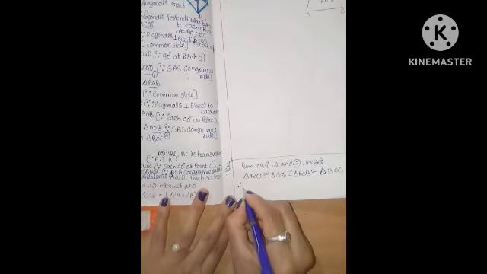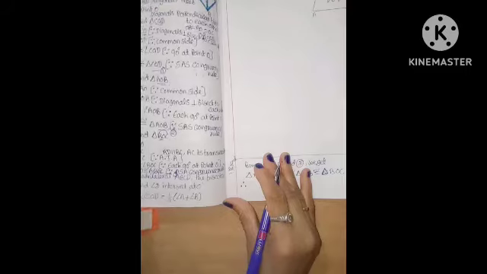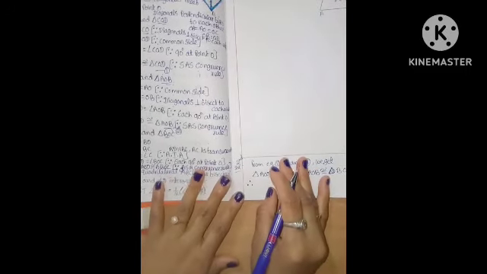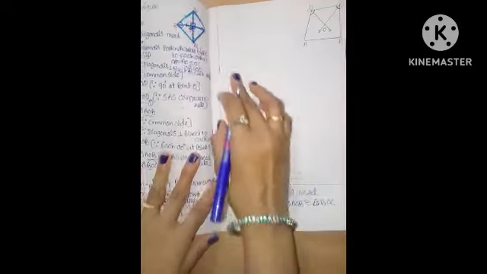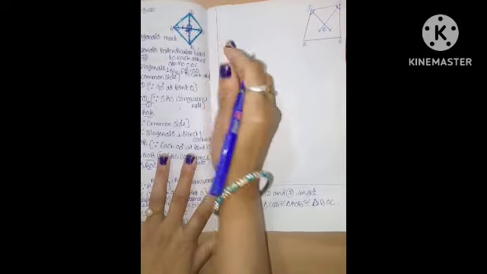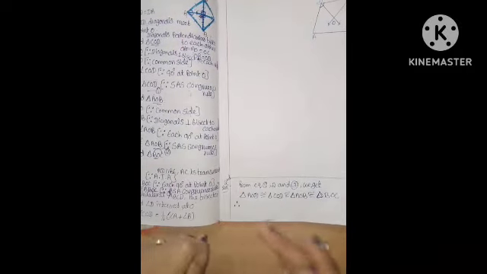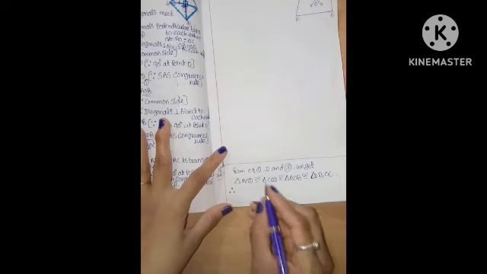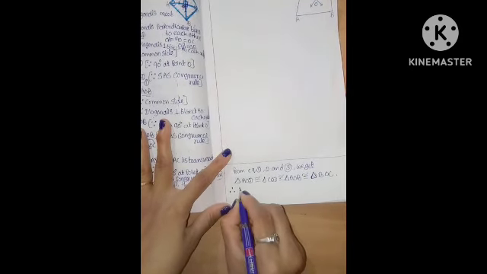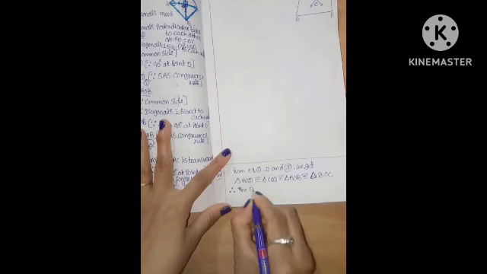So what is asked here? The diagonals of a rhombus divide it into how many congruent triangles? 4 congruent triangles. Hence it is proved.